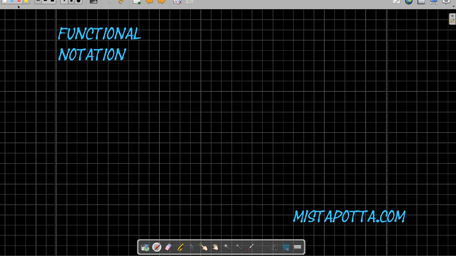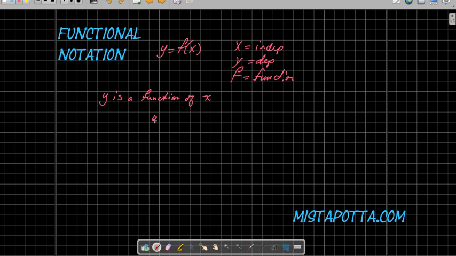We're used to seeing, in our algebra classes, something like y equals a function of x, where x is our independent variable, y is our dependent variable, and f is our function. And sometimes, we actually write this out as y is a function of x. And if we're really lazy, sometimes we'll just write it as y parentheses x.